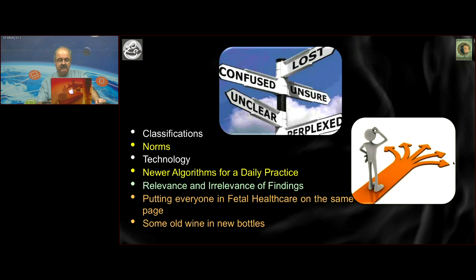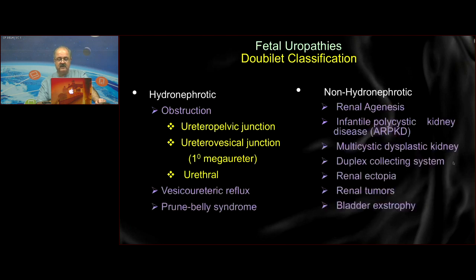Let's move on to the first of the scientific part of the program, which is the original classification by Peter Doubilet. He came up with this many years ago, almost 30 years since, but it's still very useful to use on a regular basis.